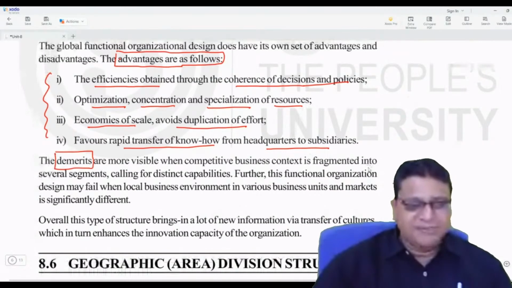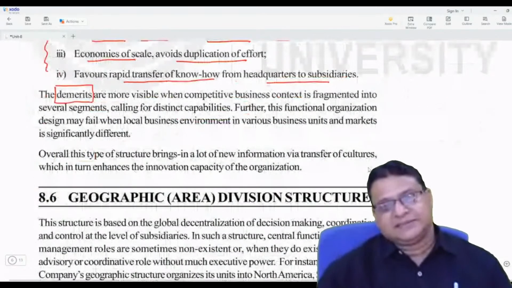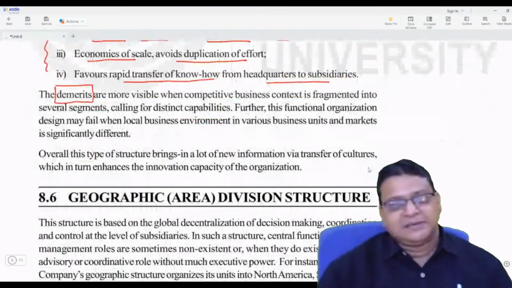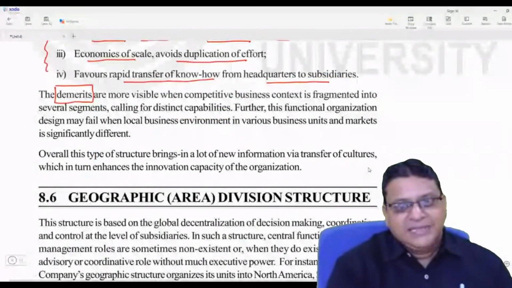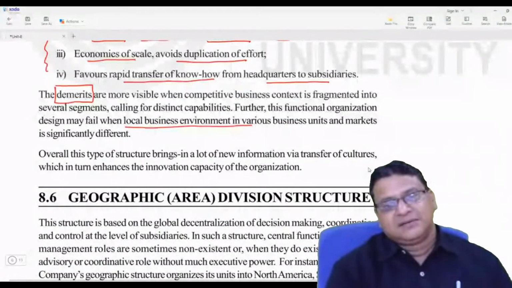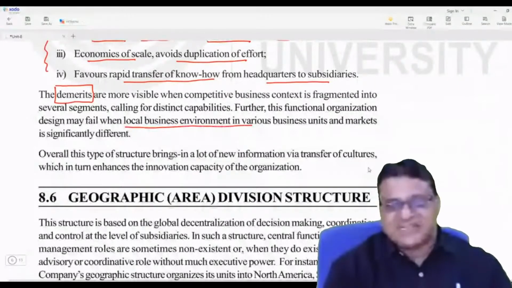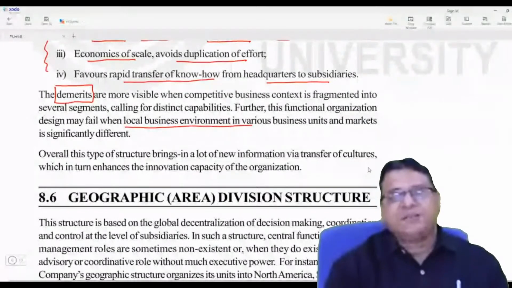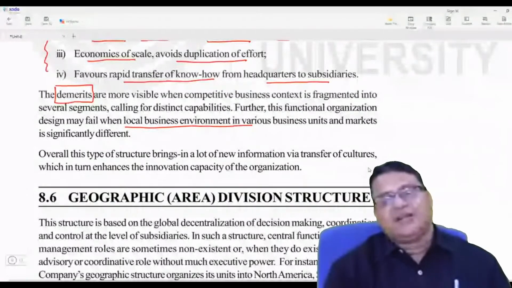The first important demerit is, if the local environment is dynamic, you need decisions to be taken fast. In that case, if you adopt this strategy, the organization will collapse.